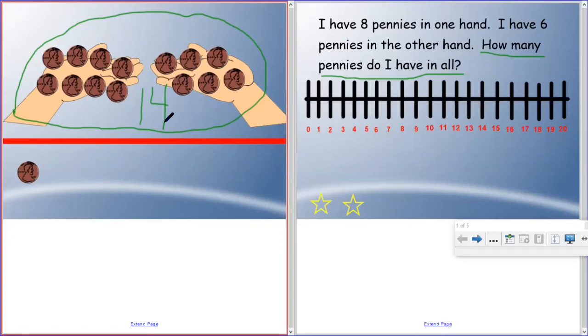Now I'm going to show you how to get the total amount by using a strategy called counting on. We already know there are 8 in this set of pennies. So I can start counting from the number 8 and then count on.